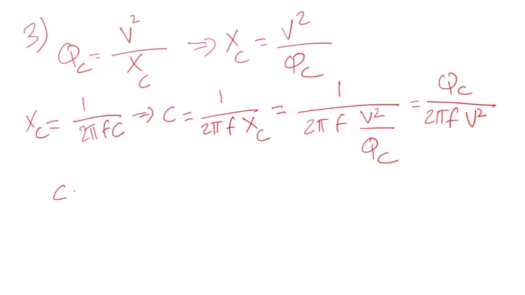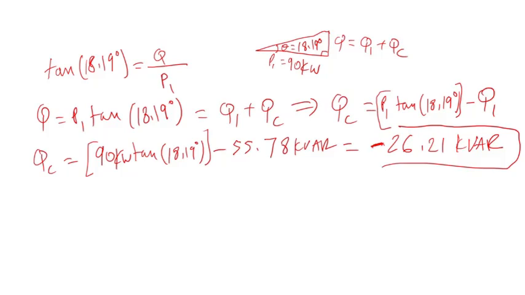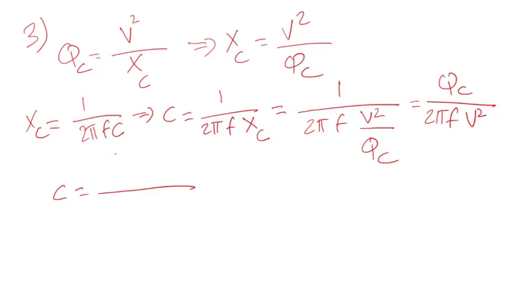So C is equal to QC, which is 26.21 kVAR. Again, don't worry about the negative sign, I'm just taking the magnitude. Notice I took the 3-phase quantity, that means the voltage, I'm going to take line to line. 2 pi times frequency 60 Hertz times V squared, which is 2.4 kV squared.